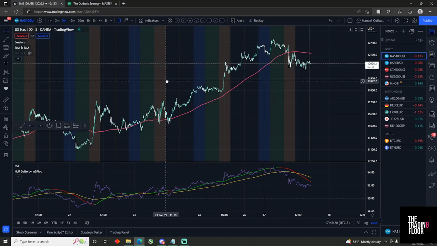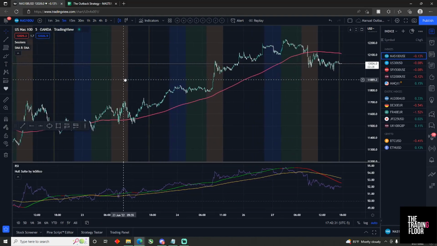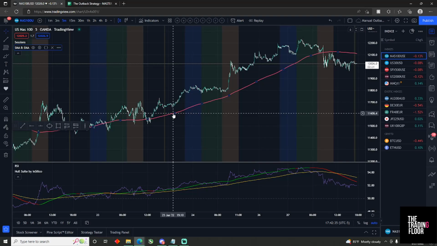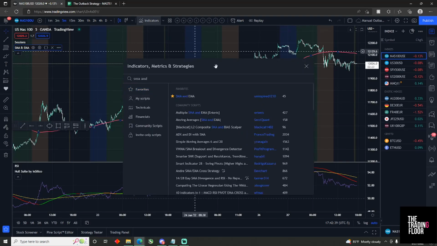Okay, so looking at the charts, the first thing we're going to do, as you could tell, we're on the 5-minute NAS 100. There are a few indicators that we need here. We'll obviously need an SMA, just a simple moving average on our charts. I use the SMA and EMA by Uninspired. You can use any type of SMA indicator that you need.